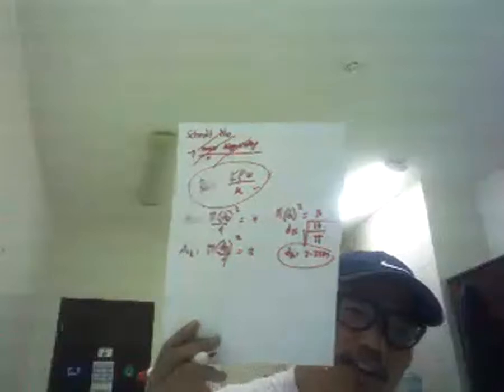At area 2, same thing, but you have to solve for D2 or DB. But the area is not 4 already; it's 2 now. So the square root of 2 times 4, 8, divided by pi.